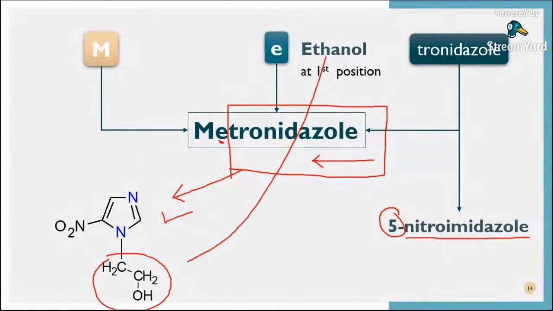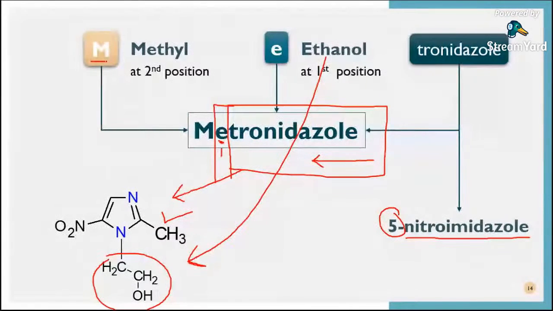Ethanol is at first position, correct? So E stands for ethanol, and it should be at first position. So now we have covered up to this part. Now what's remaining? M. M stands for methyl, and methyl is at second position. So attach the methyl group here.